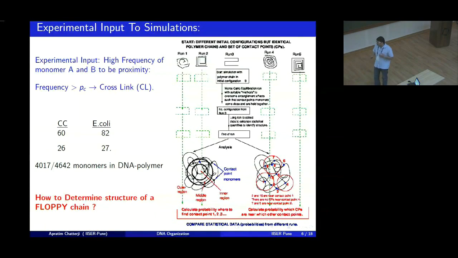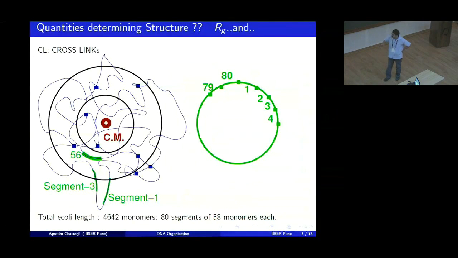But now the big question is, how do I determine the structure of a polymeric chain, which is supposed to be anyway like a random walk, of course with some crosslinks. For that, I figured out that one thing one can do is basically calculate the radius of gyration and ask whether a particular crosslink is to be found towards the central part of the polymer chain, the middle part of the polymer chain, or the peripheral part.